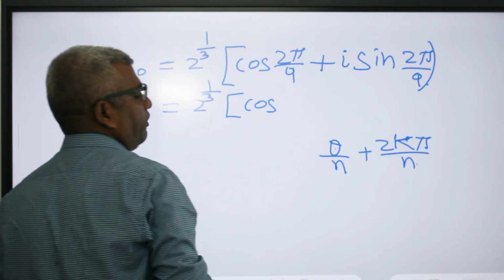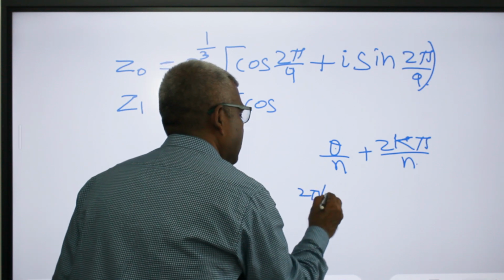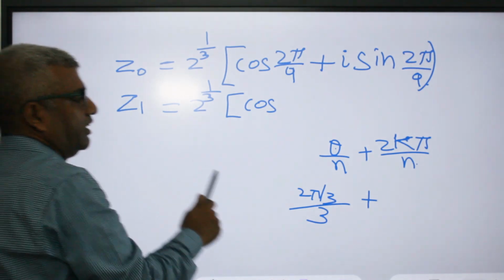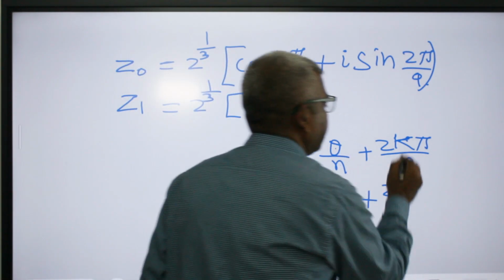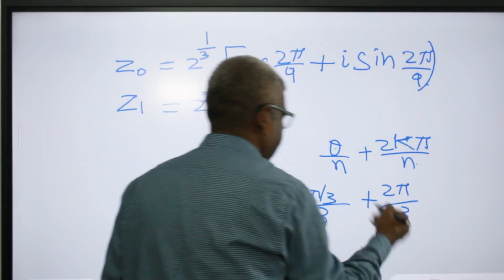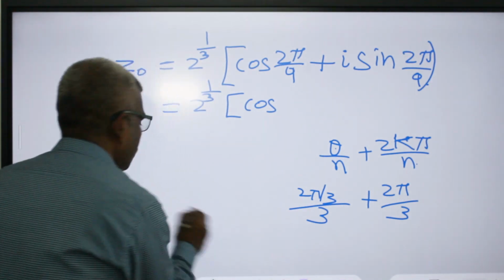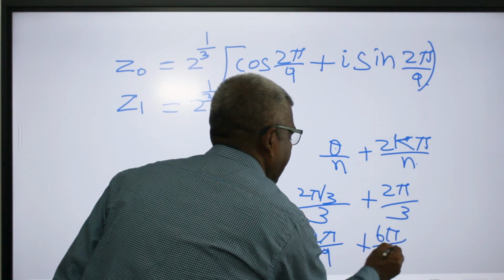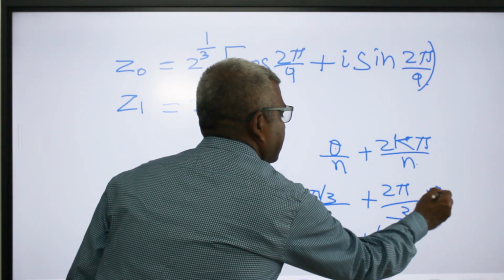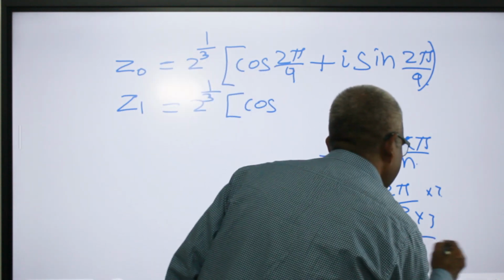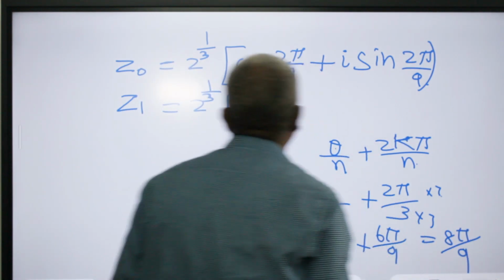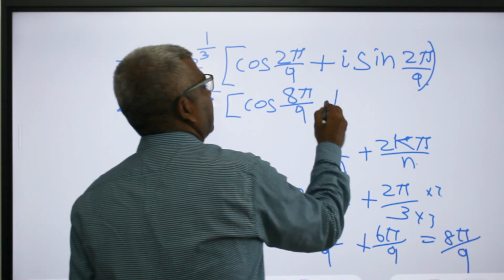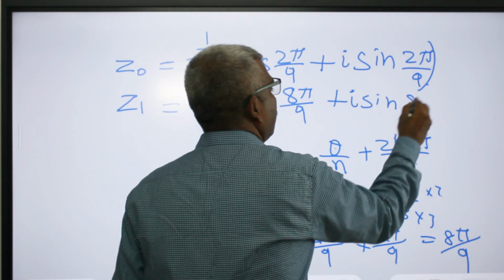Here theta is 2 pi over 3, n is 3, k is 1, so 2k pi over n is 2 pi over 3. This will be 2 pi over 9 plus 6 pi over 9. I took the LCM, multiplied by 3, 6 pi over 9. So it is 8 pi over 9. So cos 8 pi over 9 plus i sin 8 pi over 9.